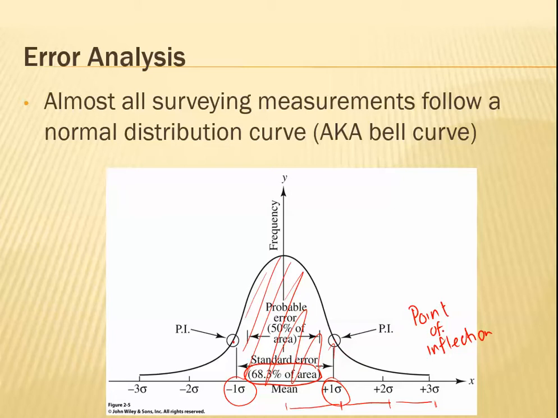And the area of the curve changes. Now, we could estimate the area of the curve ourselves, but we're just going to use a table that is given to us so that we don't spend the time doing that kind of stuff, because it's not necessary for this class. But the point is, you can calculate your standard deviation with a formula. So let me get to that.